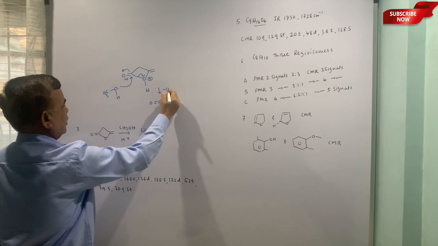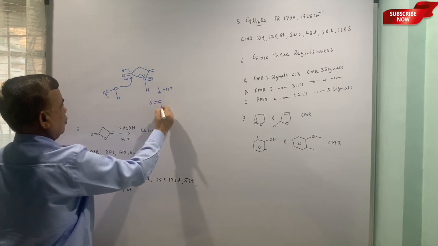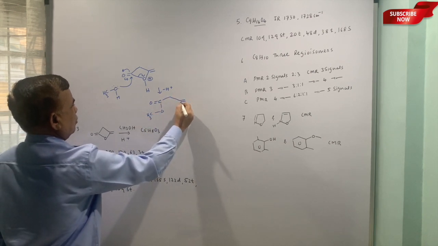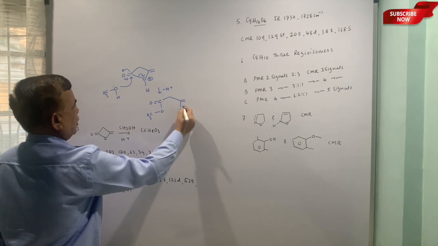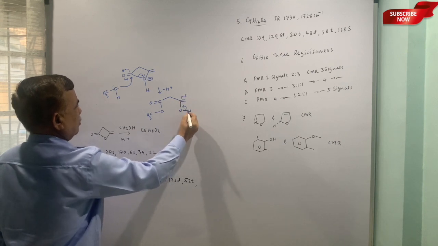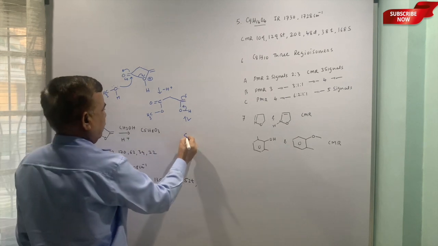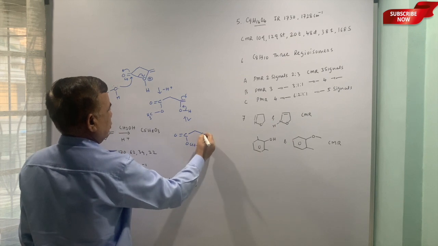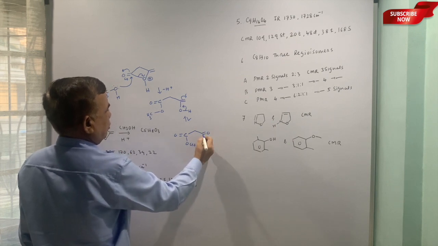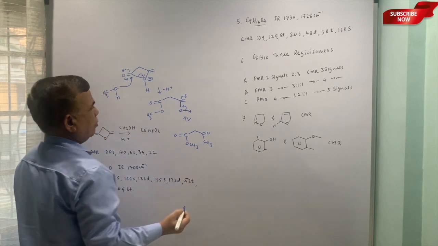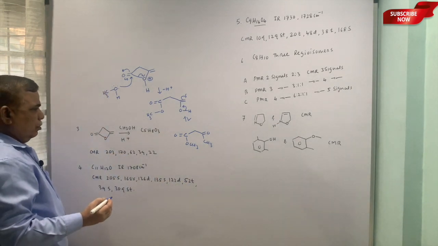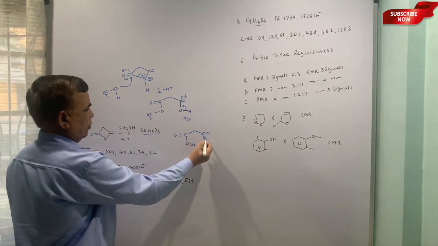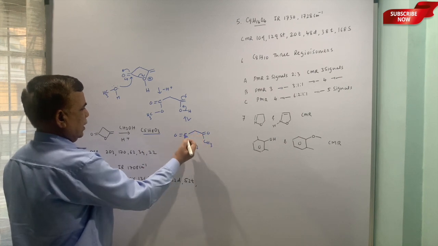I am just skipping one step, minus H plus, CO, OCH3, CH2 and then OH, and keto-enol tautomerism can give you CO, OCH3, CH2, COCH3. So this is the compound with C5, 1 2 3 4 5, H8 and O3.